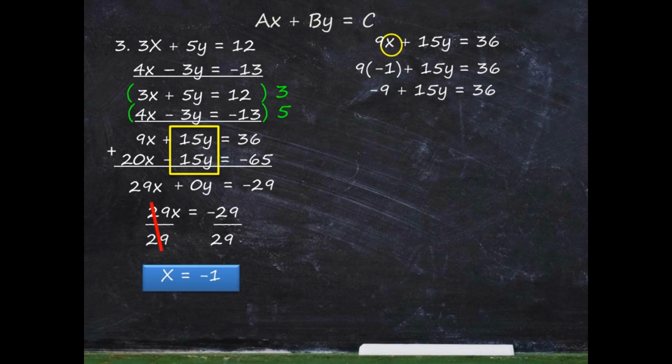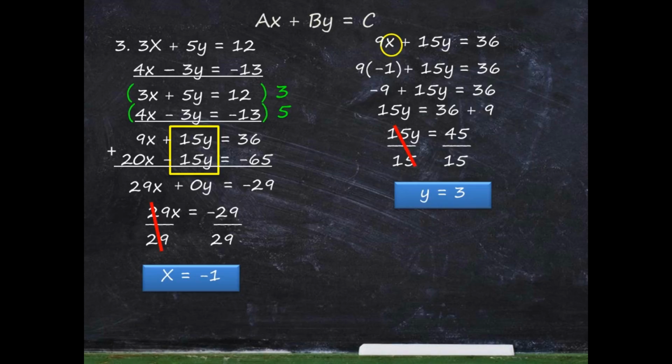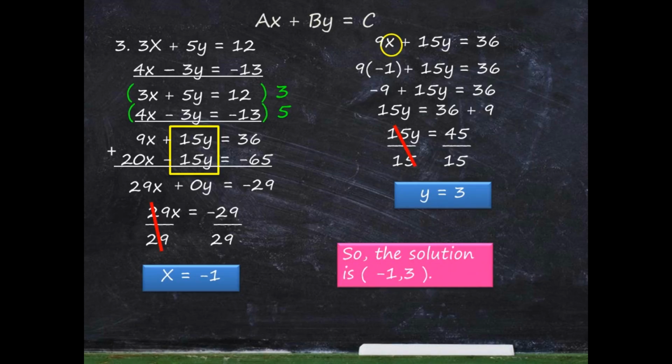We will have negative 9 plus 15y equals 36. Transpose negative 9 to the other side, which will give you 15y equals 45. Divide both sides by 15 to get the value of y, so y is 3. And lastly, the solution for this linear system is (negative 1, 3).